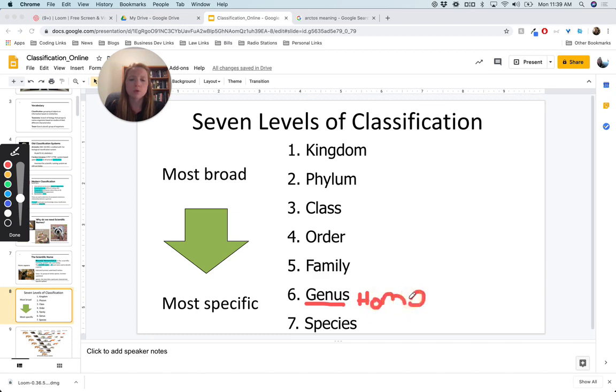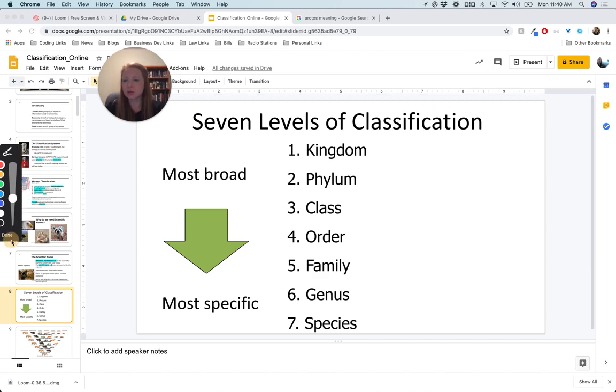I can't draw very well with this. And then our species name would be sapiens. This is terrible. But I'm going to finish because I started it. Homo sapiens. There you go. So our genus is Homo, species sapiens. So the species is the most specific. That just includes humans compared to all the other animals in the kingdom Animalia.